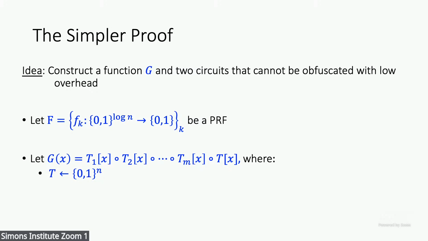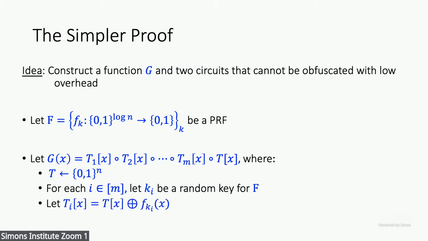This is easy. And all the other functions are just a one-time pad encryption of t using a pseudo-random function. For each i, I sample a random key ki, and define ti on input x to be t on input x XOR the output of f using the key ki on x.